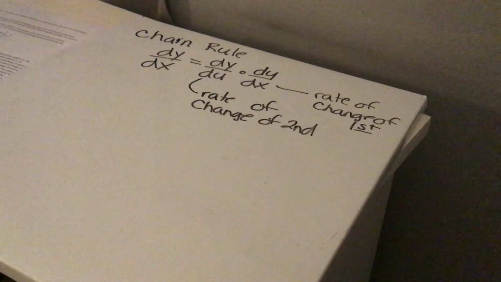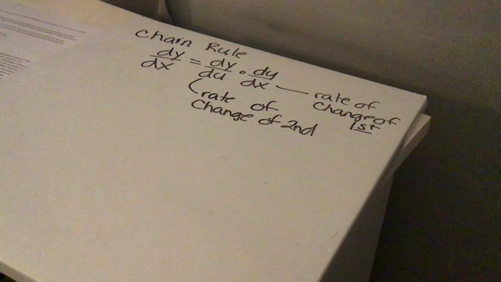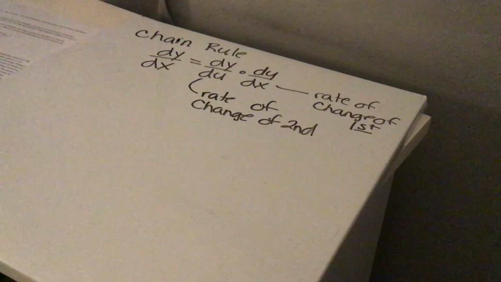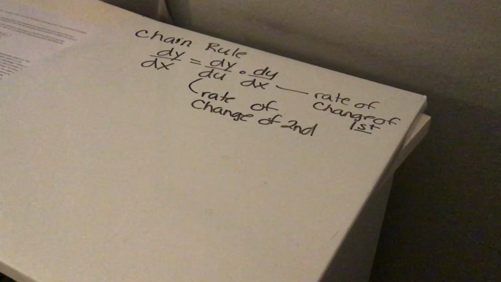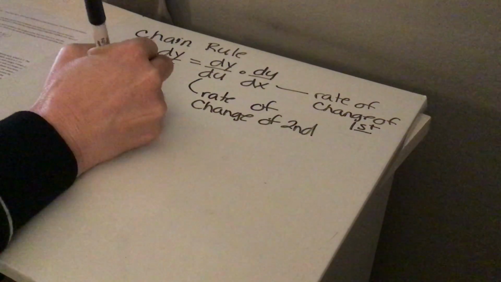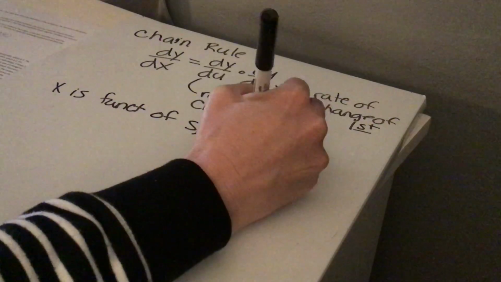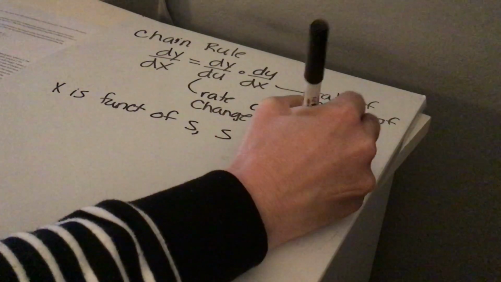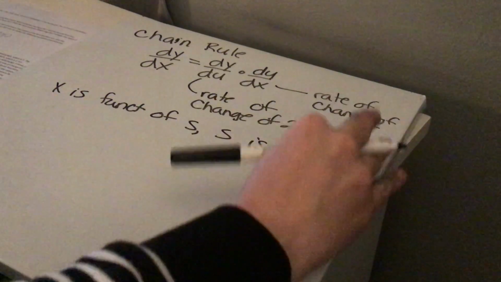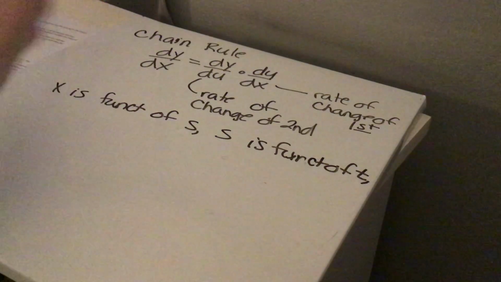So we can take this product and extend it to define the derivative of any number of functions linked together in this fashion. So if x is a function of s, which is a function of t, then it can keep going.